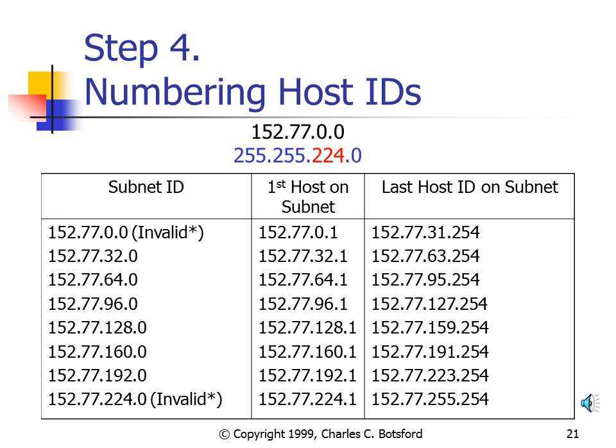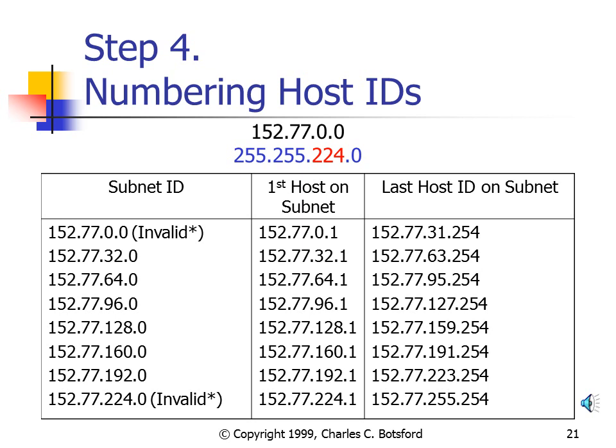Now once we set up our subnet IDs, the first host is always essentially a 1 added to the subnet ID. So if the first subnet ID is 32.0, the first host is 32.1. If the next subnet ID is 64.0, the first host is 64.1. 96.0, first host 96.1. Now the last host always ends just before the next subnet begins.